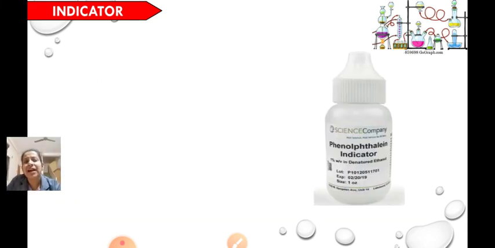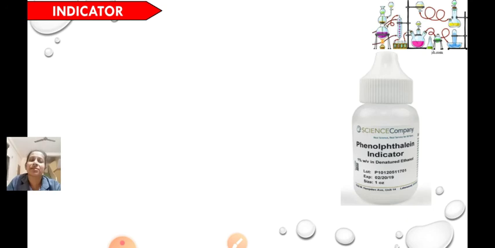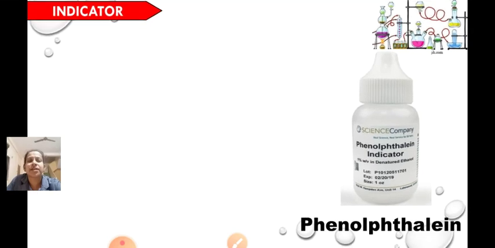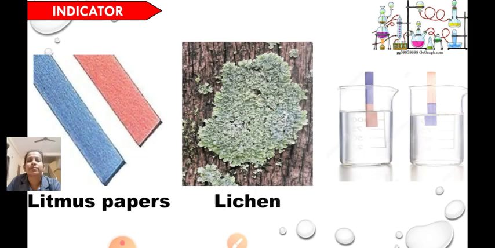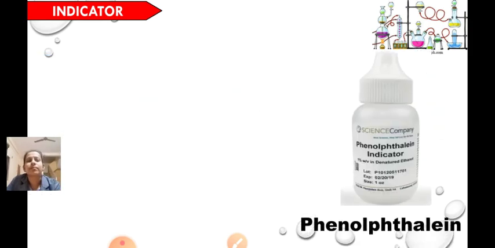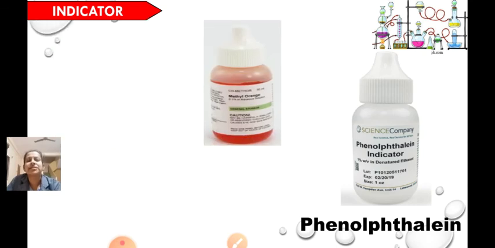So there are several other indicators, like here is one that is called phenolphthalein indicator. You can see the name of the indicator as phenolphthalein. Okay. Next is methyl orange.